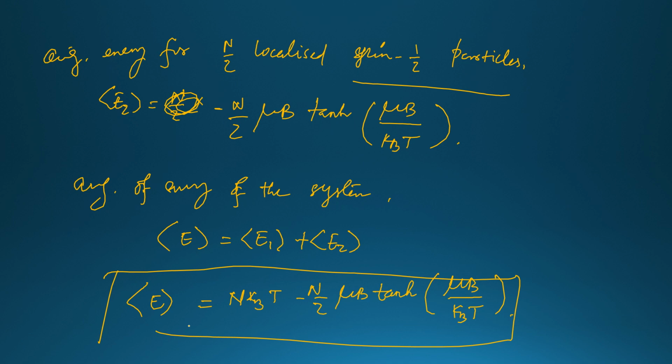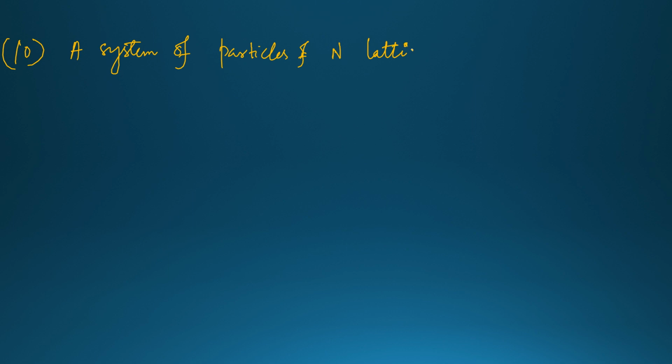Next question, question number 9, I think. Question number 10. So it's one of the last questions. A system of particles on n lattice sites is in equilibrium at temperature T and chemical potential mu.